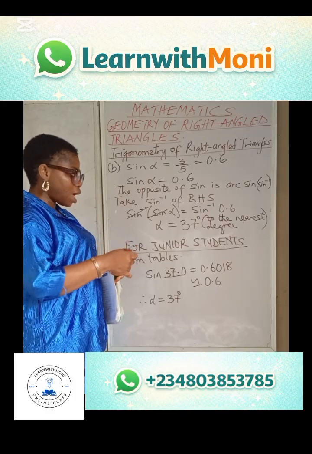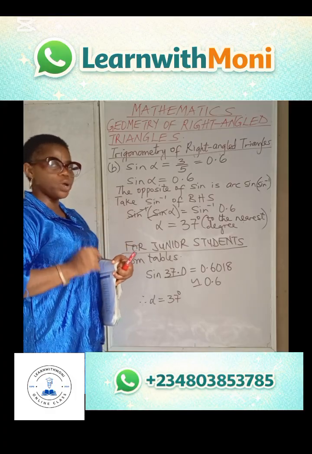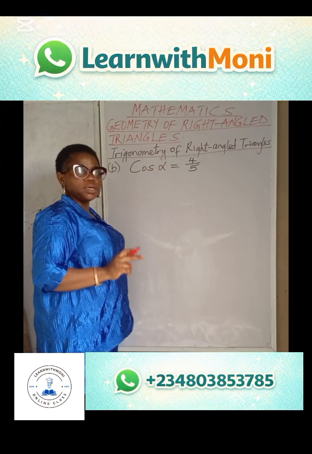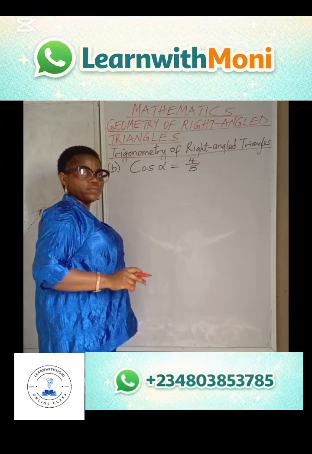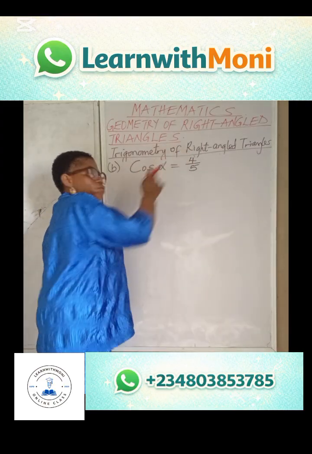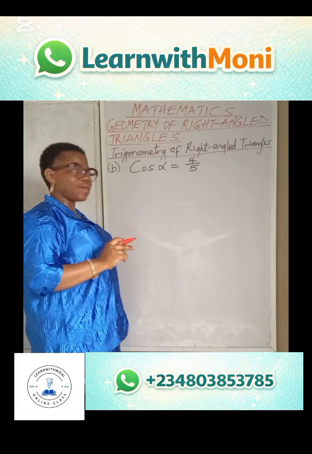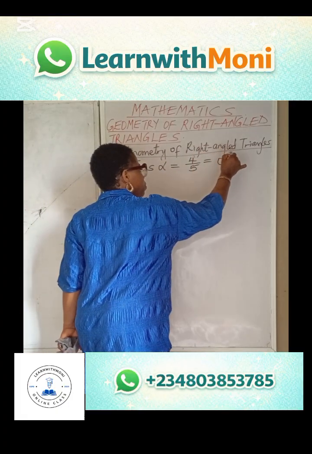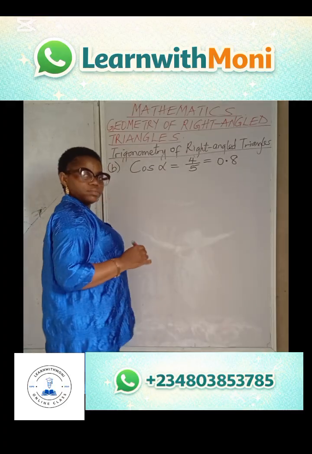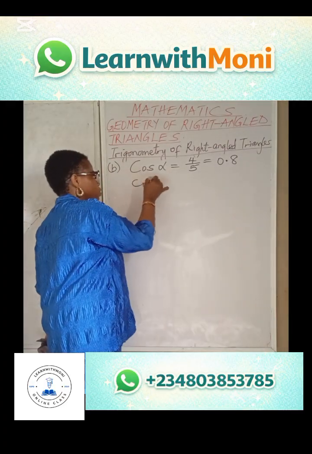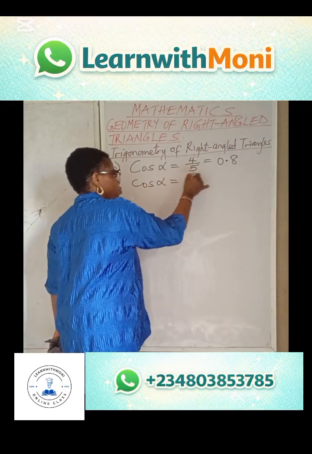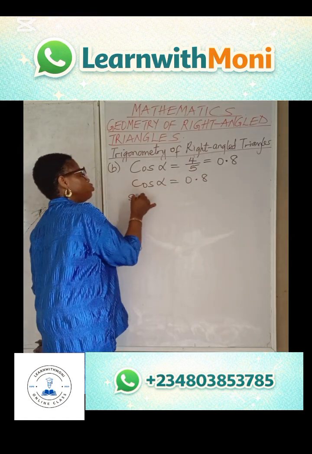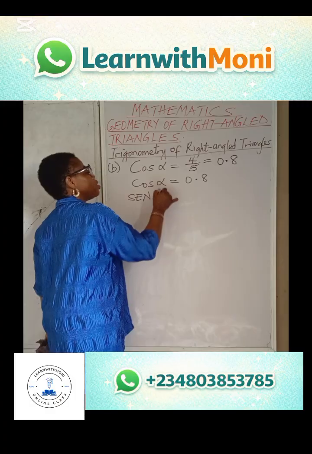Let us use the ratio we got for cosine. We got that cos alpha is equal to 4/5. Converting 4/5 into decimal, 4/5 is equal to 0.8. That means cos alpha is equal to 0.8. For senior students, you put it on your calculator.